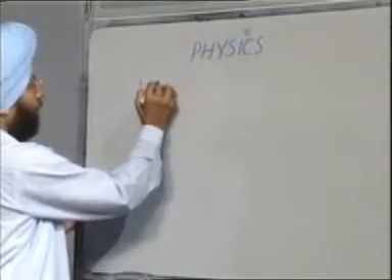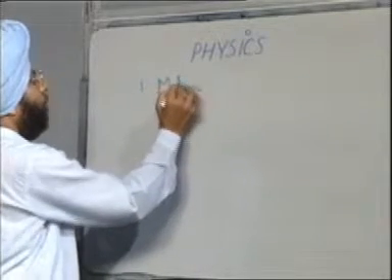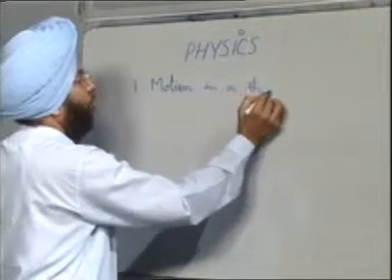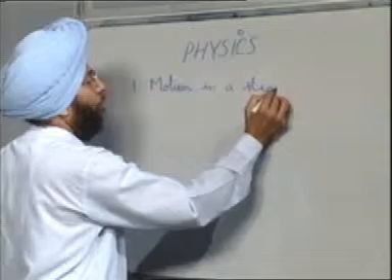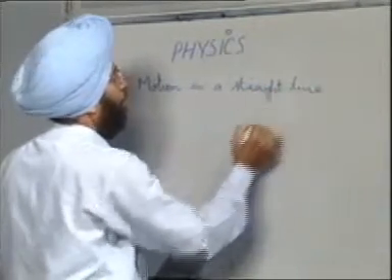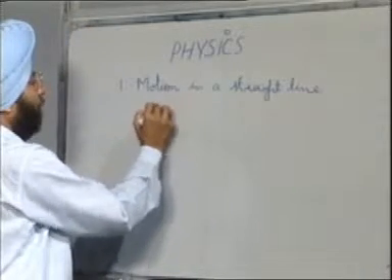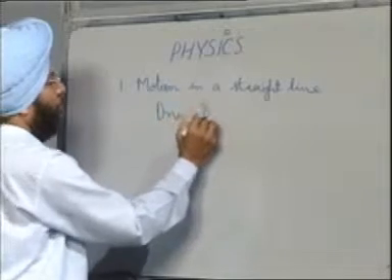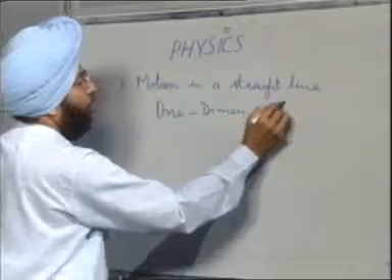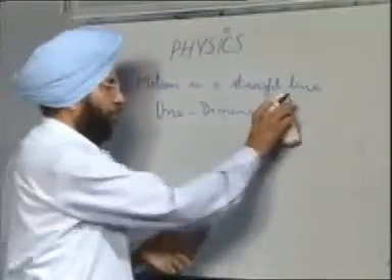Number one is motion in a straight line, this is also called one-dimensional motion. One-dimensional or 1D motion.